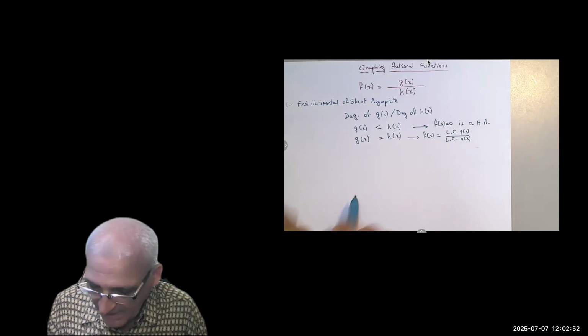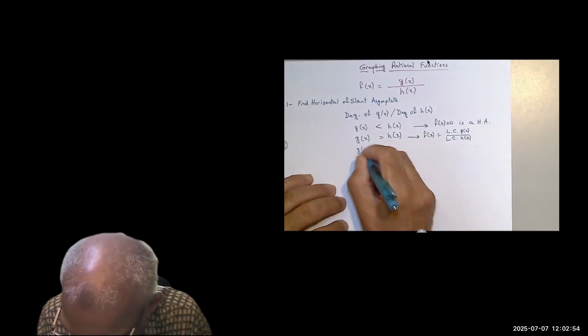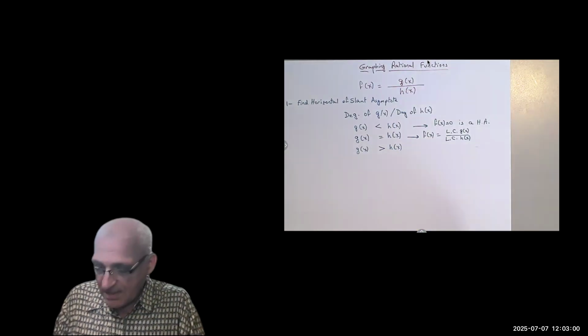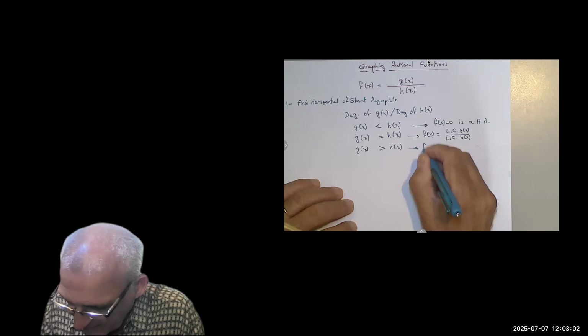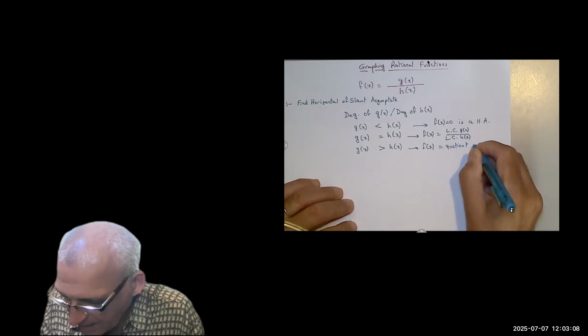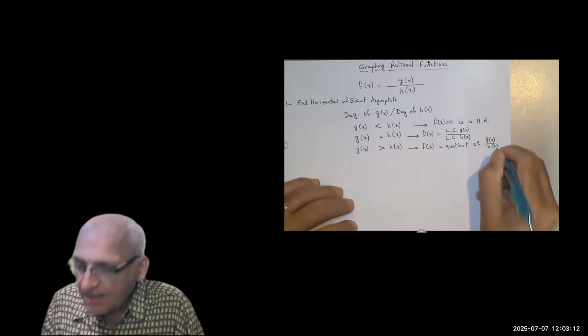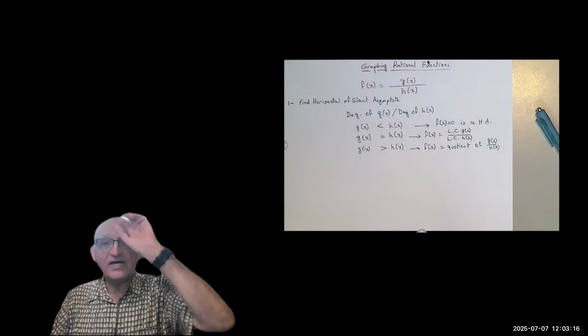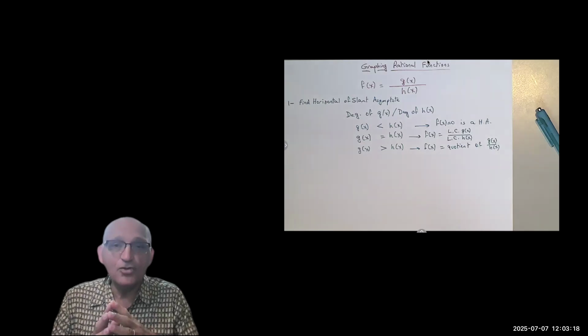Okay? And finally, if the degree of g of x is larger than that of h of x, so the numerator is higher than the denominator, then f of x equals the quotient of g of x over h of x. What is the quotient? Meaning I'm going to do a long division. I'm going to divide the numerator by the denominator.